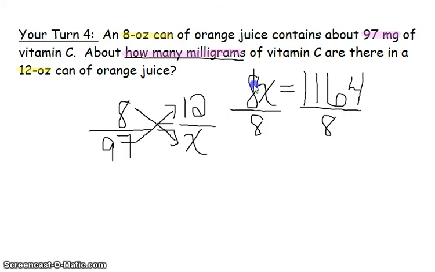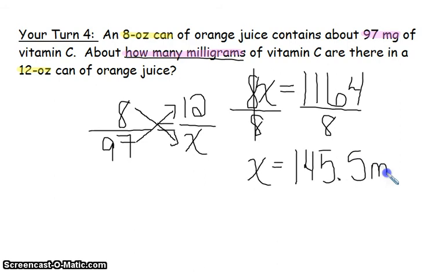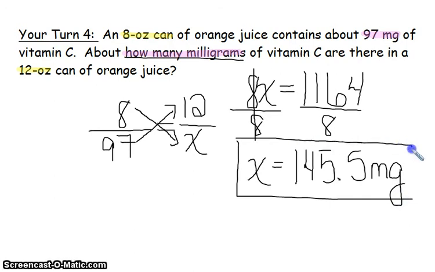So 8 divided by 8 gives me 1. I'm left with 1x, and that equals 1,164 divided by 8. We're going to have about 145.5, and make sure you have your units, milligrams. So if you have a 12-ounce can of orange juice, you're going to have about 145.5 milligrams.